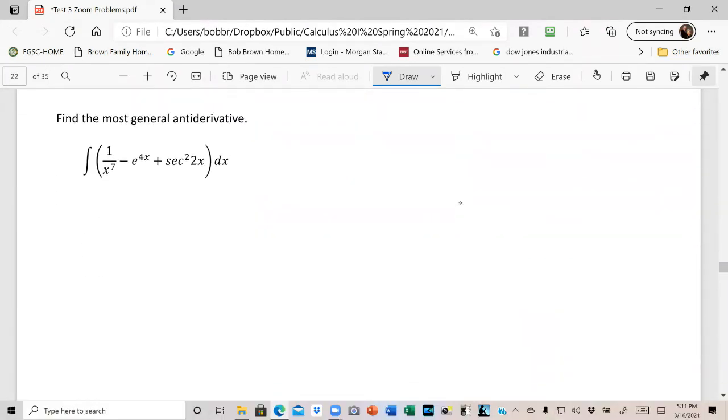Now we want to find the most general antiderivative. If f is the function and F is the antiderivative, then F prime is equal to little f.